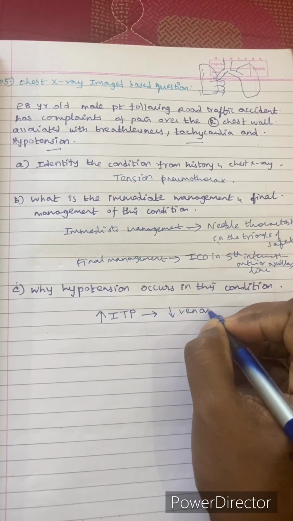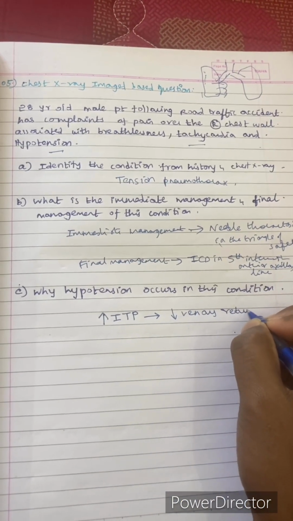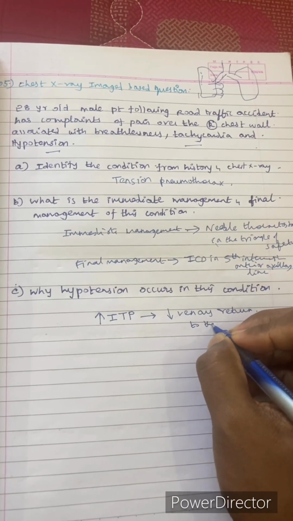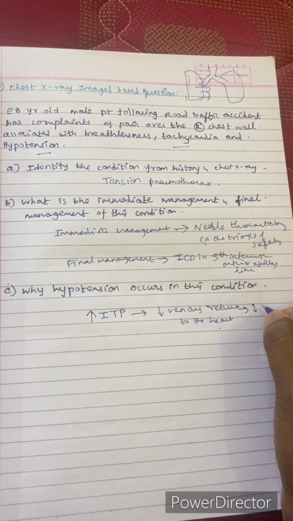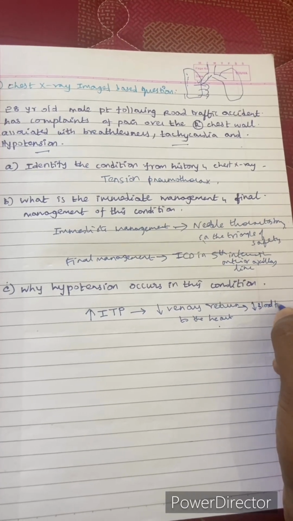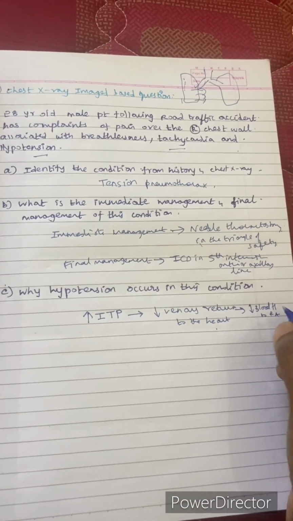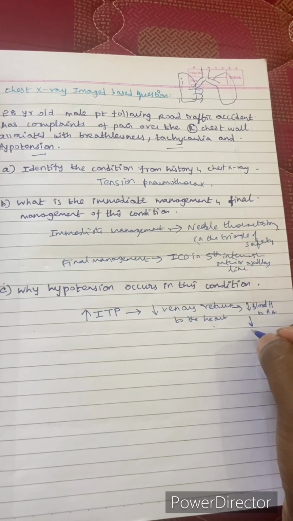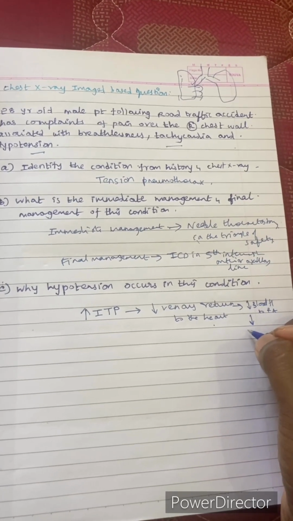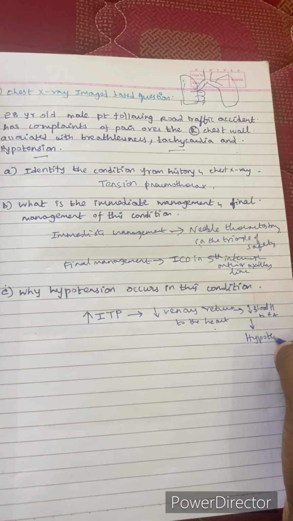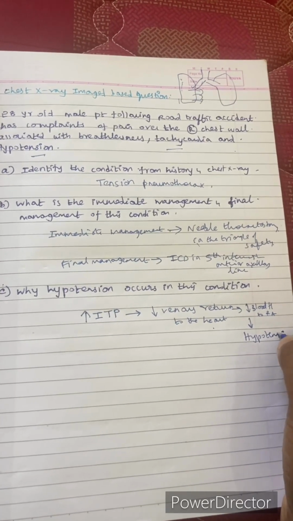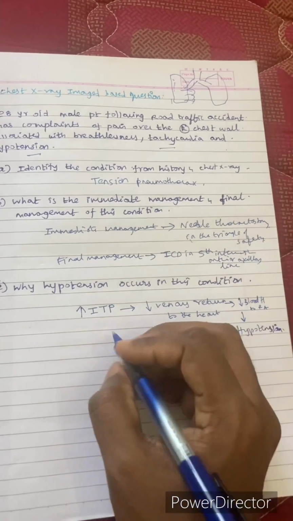So blood flow to the right atrium and right ventricle decreases, and left ventricular output decreases. So cardiac output will decrease. Also, due to the tension pneumothorax and the mediastinal shift, there may be aortic compression as well, which results in a further fall in BP. So these are the two things that can cause hypotension in tension pneumothorax patients.